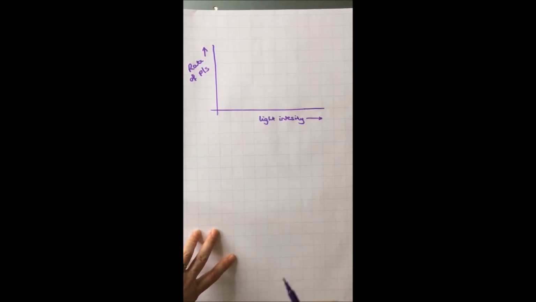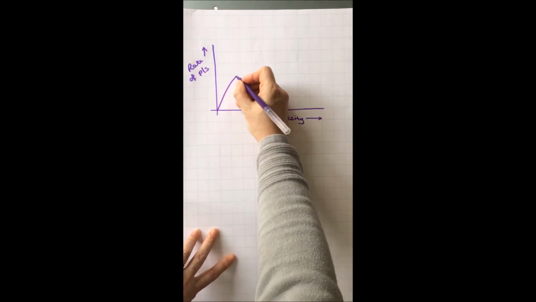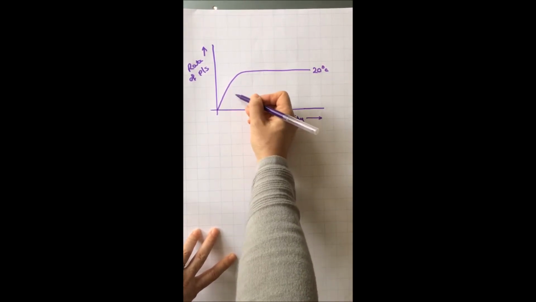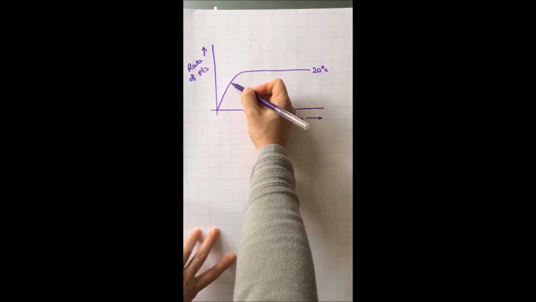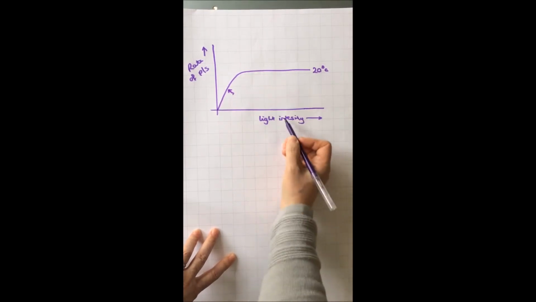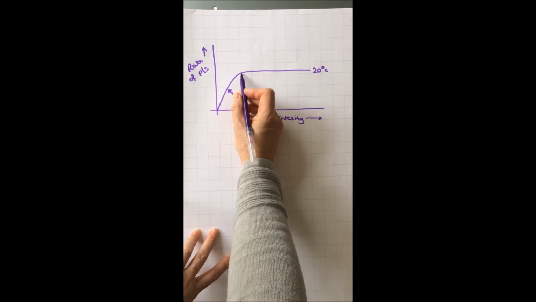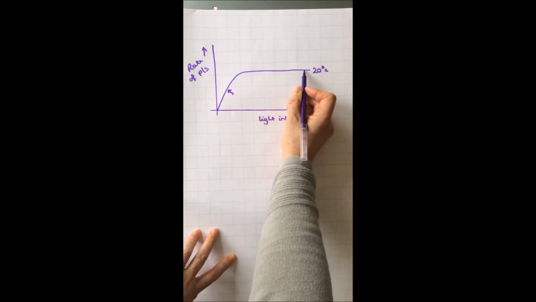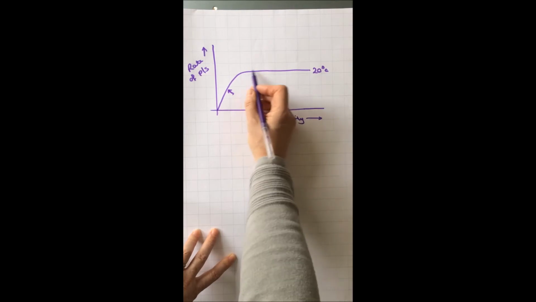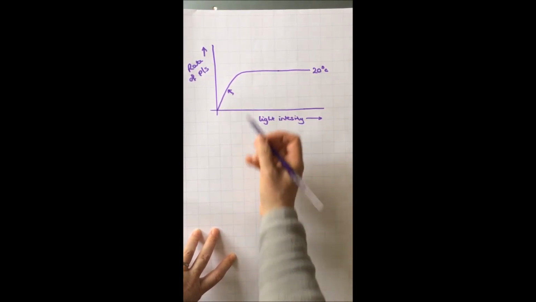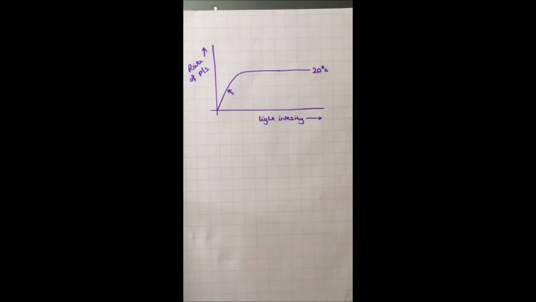If we were to draw our graph say at 20 degrees, okay, light intensity would be our limiting factor here, as we've talked about before, and then when the rate of photosynthesis has levelled off, we know that at this point something else has become the limiting factor.